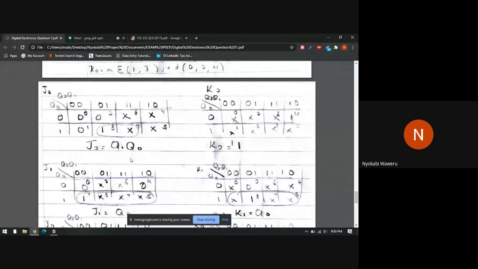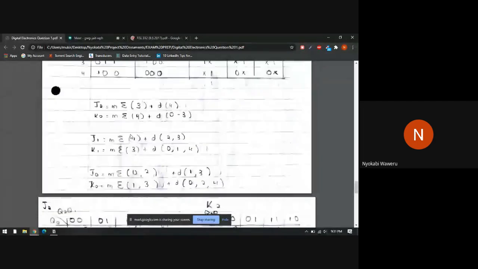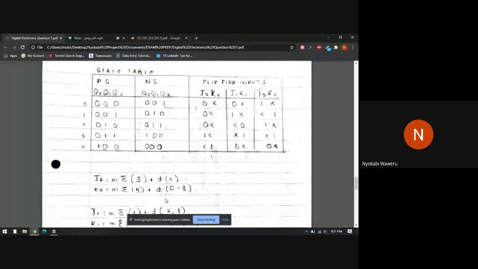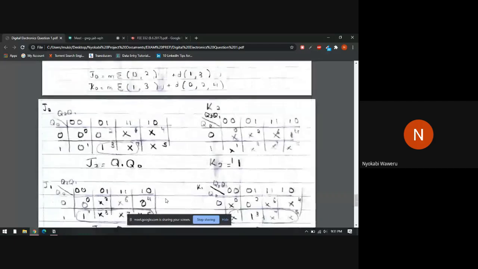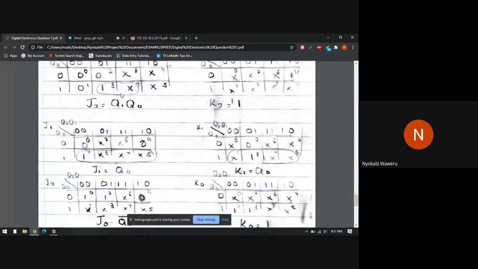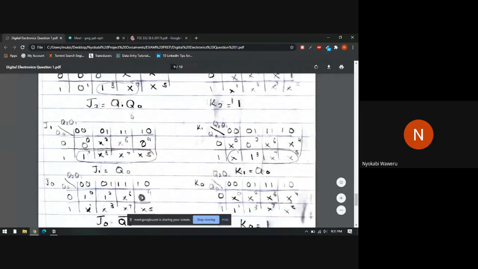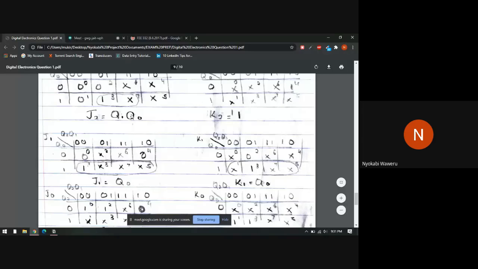Because our counter is counting until 4, 5, 6, and 7 are also don't care values in all these cases. So in addition to the don't care values we listed for all the Js and Ks, 5, 6, and 7 are also don't care values.